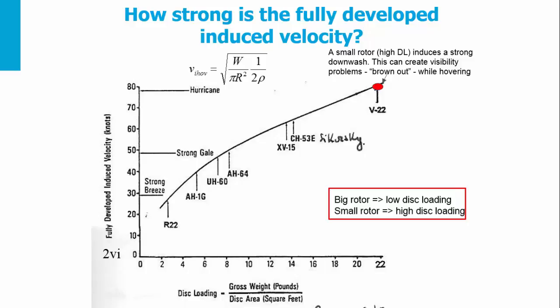And so forth, if you are reducing the rotor diameter, you arrive at the velocity down in the wake of a hurricane, 80 knots. A small rotor, a high disk loading, is inducing a strong downwash, a strong wake velocity. This can create visibility problems while hovering, the so-called brownout problems.